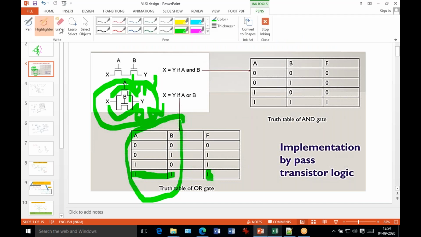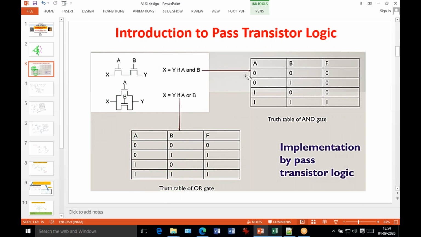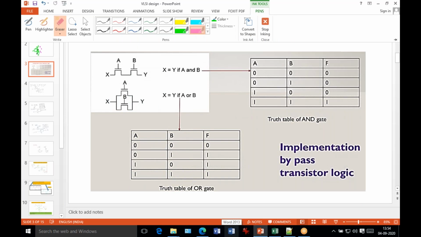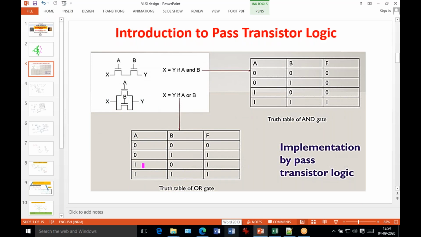But I will check another case. What is the next case? Suppose I put some other combination, like 1 0. So that is 1 and that is 0. Here, which transistor is on, this one or this one?